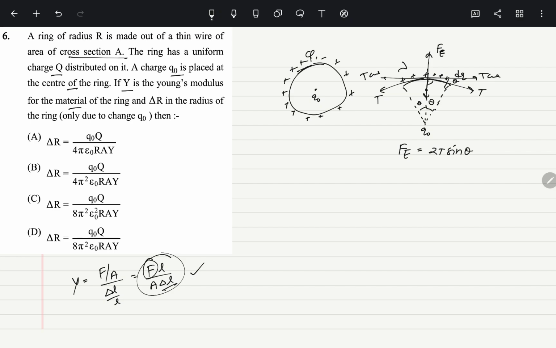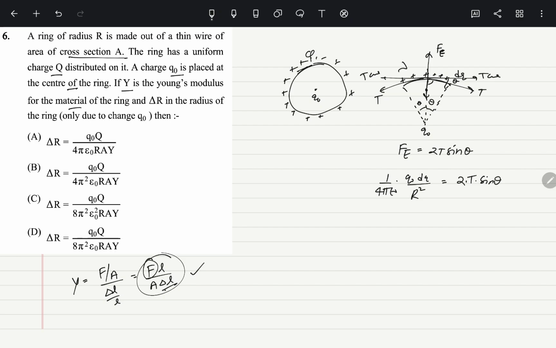The tension which we are calculating within the ring, that could be another question, how much tension will be produced within the ring. So tension we are going to calculate. Now electrostatic force is 1 by 4 pi epsilon naught into Q naught into dQ by R square, equal to 2 T sine theta.